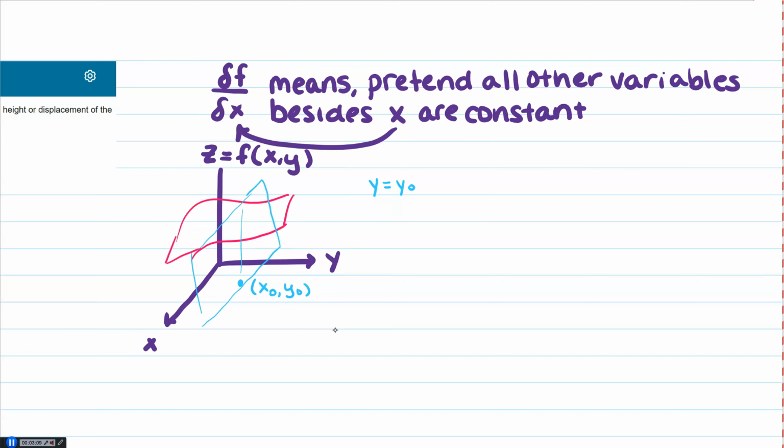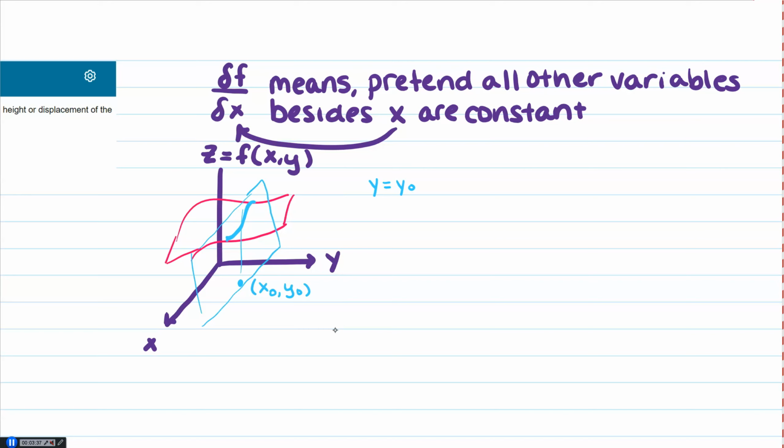So remember, y equals y0 or y equals 5 is a plane in 3 dimensions. In 2 dimensions, it's a line, but in 3 dimensions, it's a plane. And this plane is going to intersect the surface at a curve. The intersection of the surface and the plane is called a trace.